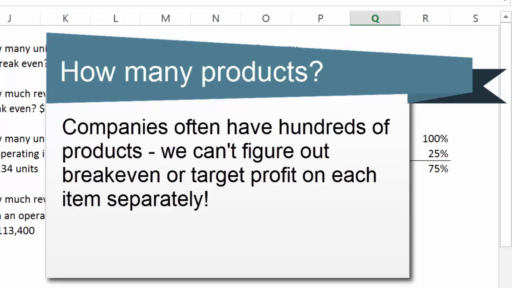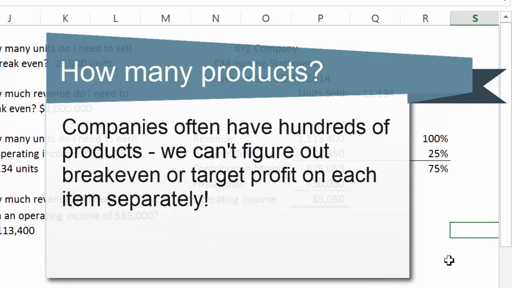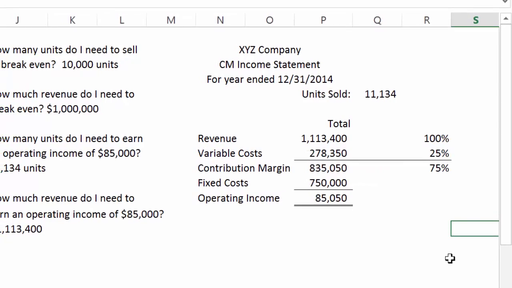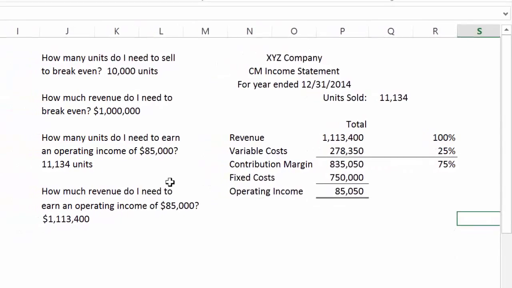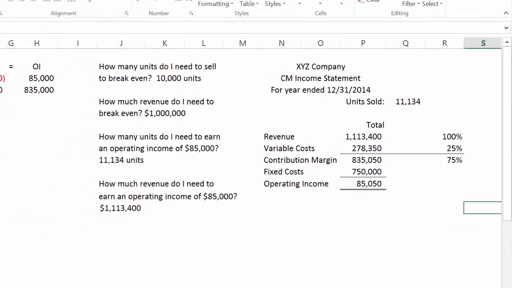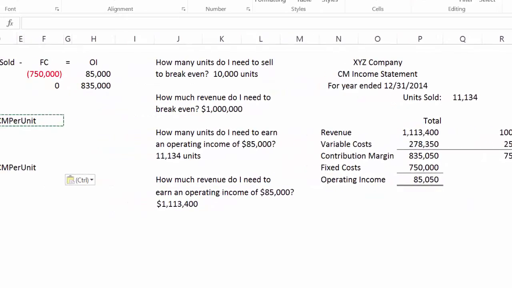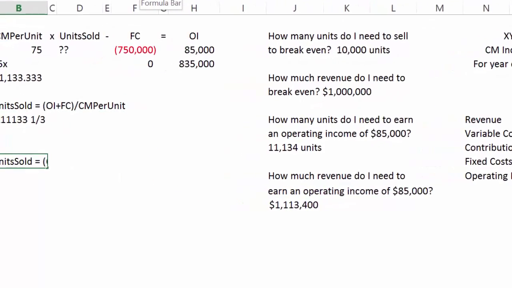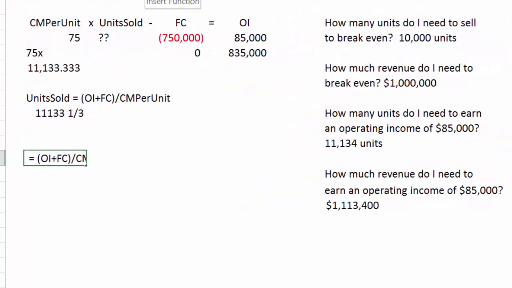So what we're looking at now is contribution margin ratio based on the revenue from all of our products, all of our sales, less the variable costs from all of our sales, but we don't know what the unit costs are. Well, can we still use CVP? What we can do is we can change this equation. Instead of solving for units sold, we can solve for target revenue.